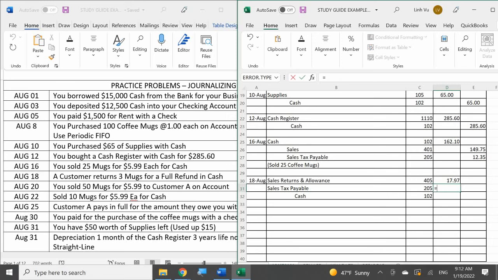So how much tax am I obligated to give back? $1.48. In grand total, $19.45 is what you have to give back.